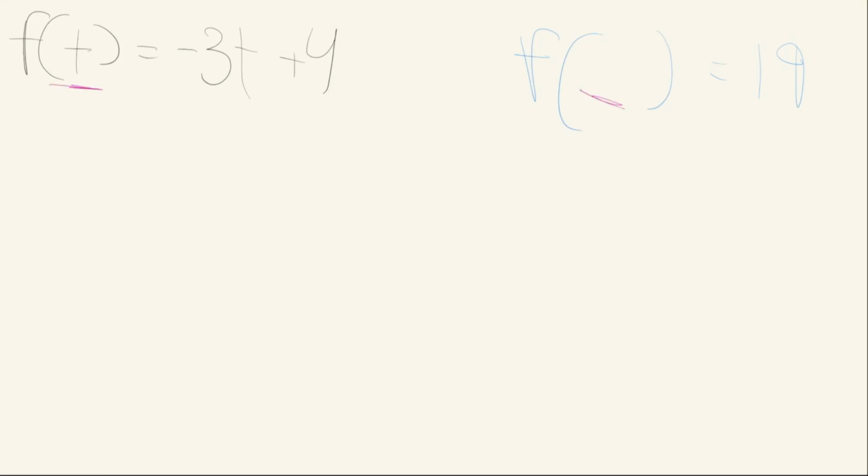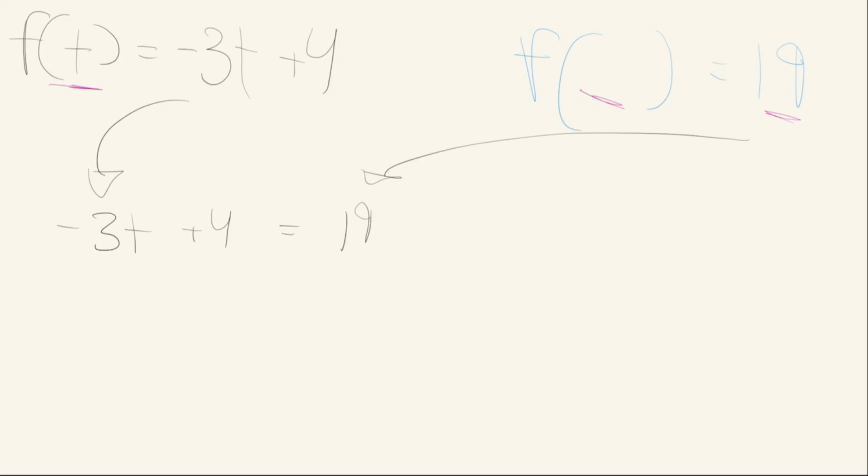But it basically tells us that whatever f(t) is, it's already equal to 19. So how are you going to solve that? Bring this down, get negative 3t plus 4, and that is equal to 19.